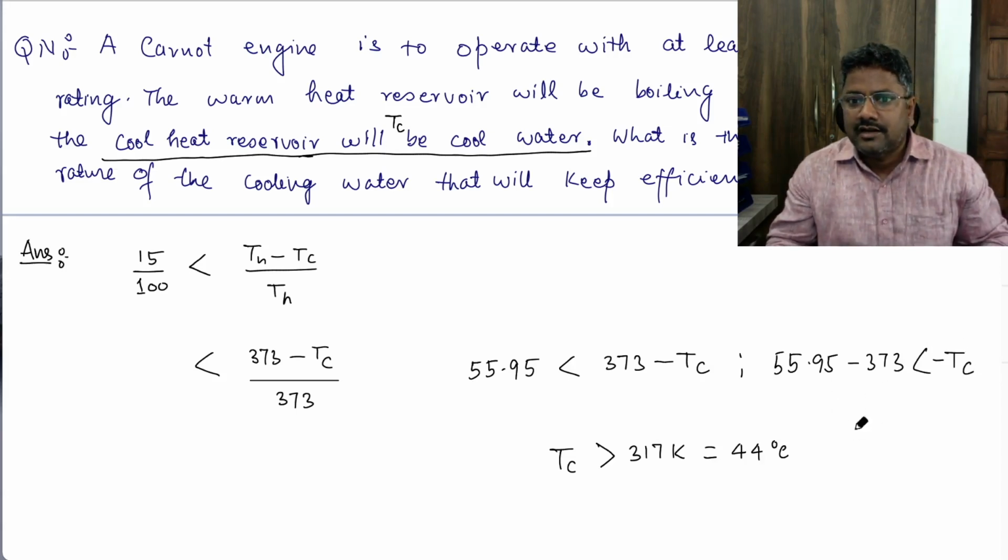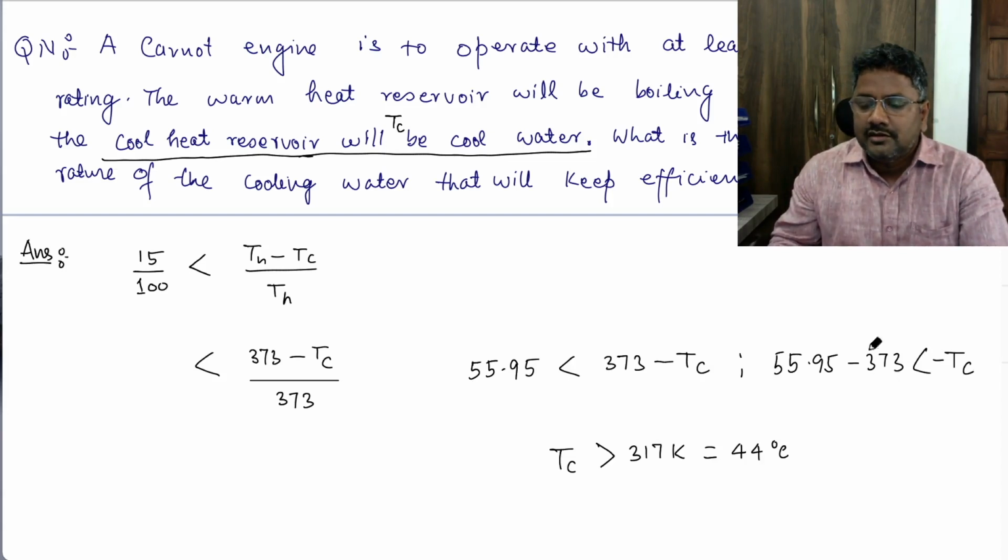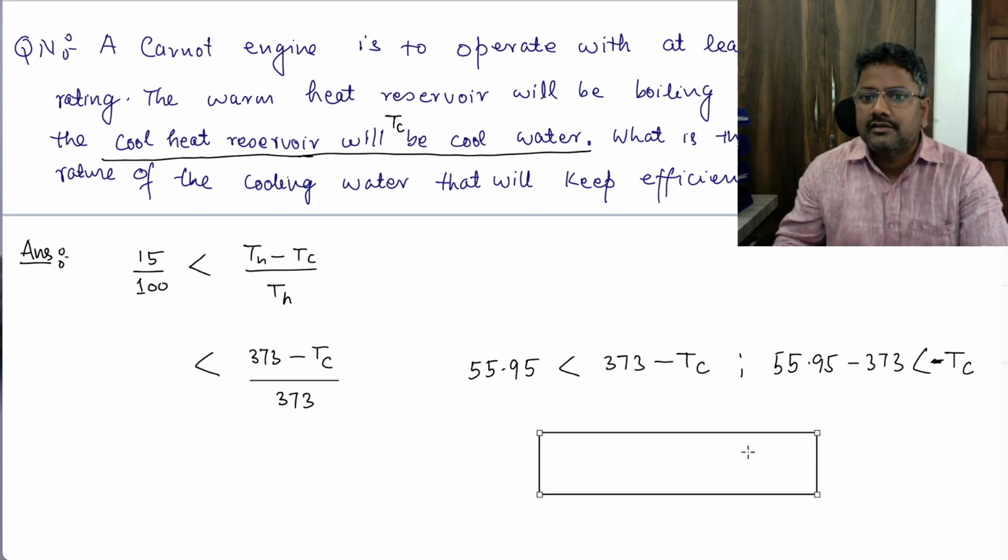So you can write here Tc is greater than 317, right?